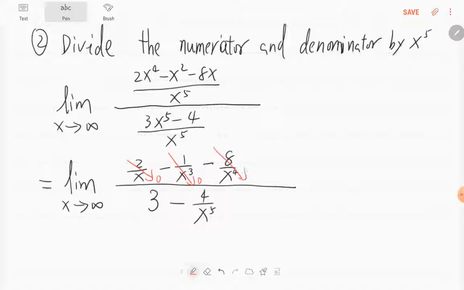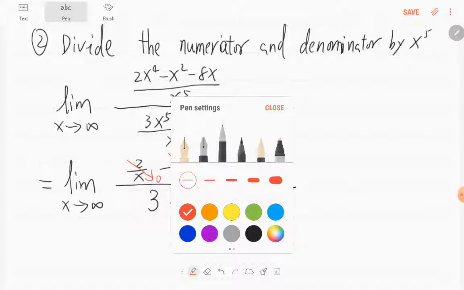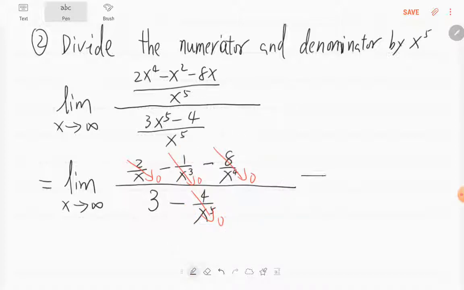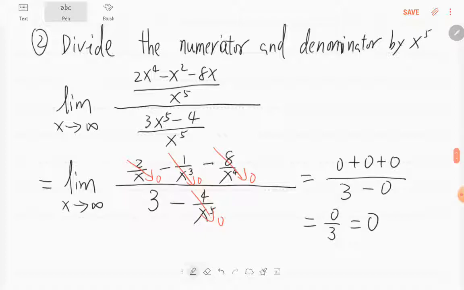This term has the limit 0, and this is 0. So what you have is 0 plus 0 plus 0. We take the limit for each term. So 3 minus 0, which is 0 over 3 equals 0. Okay?